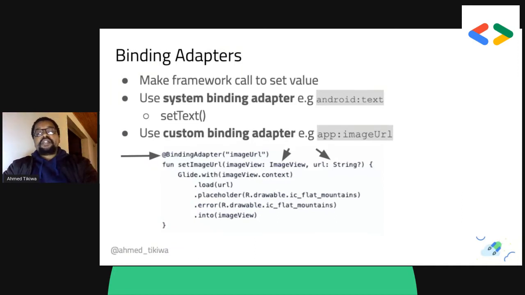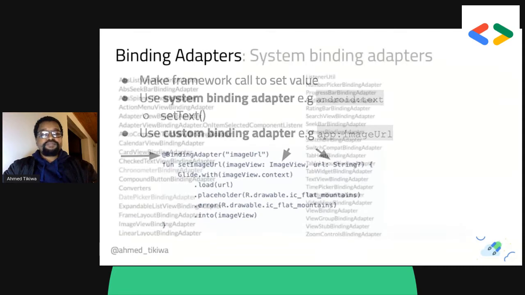And then I pass in into, which is the ImageView that has been passed in. All you need to do in your view is have app:imageUrl, pass in a string, and then this binding adapter will get triggered. It will then automatically load the image into the ImageView. So this is how you could define your own custom binding adapter.